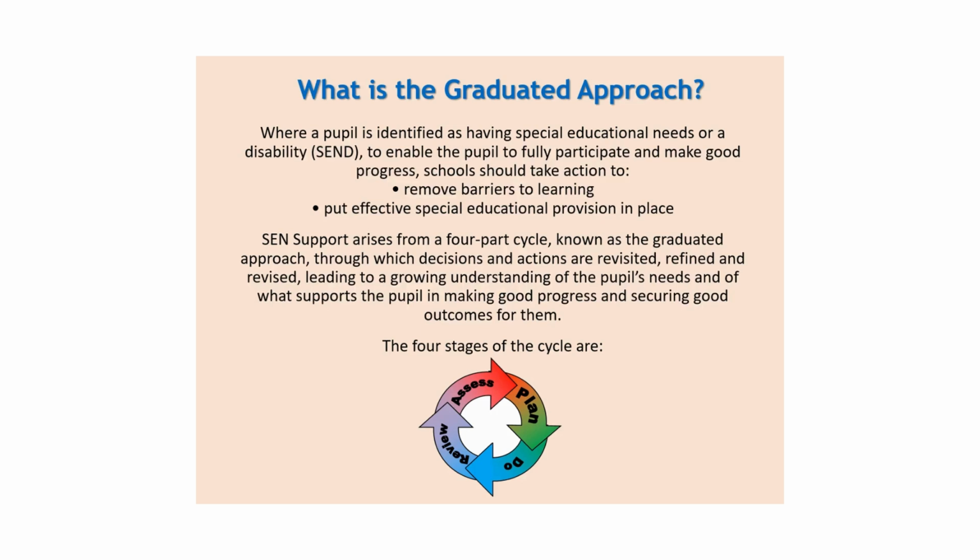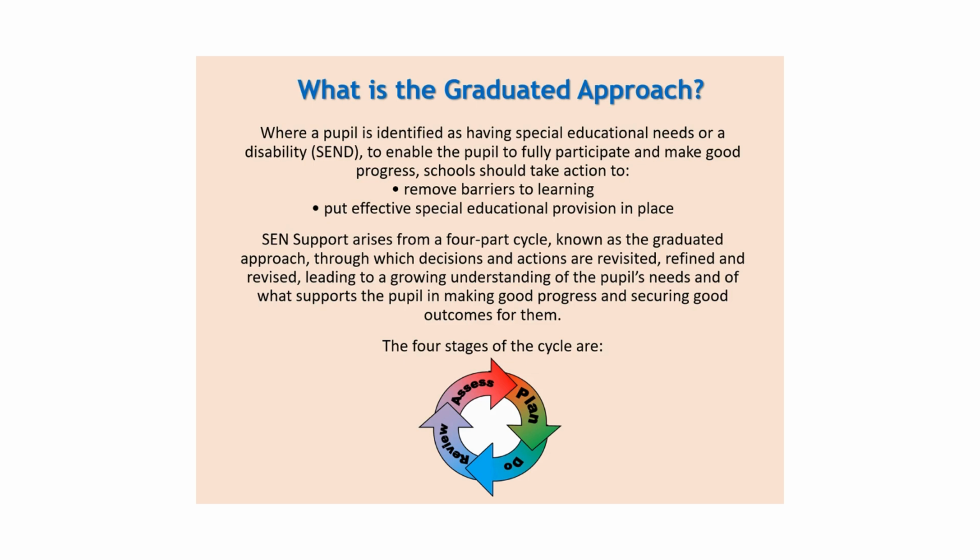Where a pupil is identified as having special educational needs or a disability, SEND, to enable the pupil to fully participate and make good progress, schools should take action to remove barriers to learning and put effective special educational provision in place.